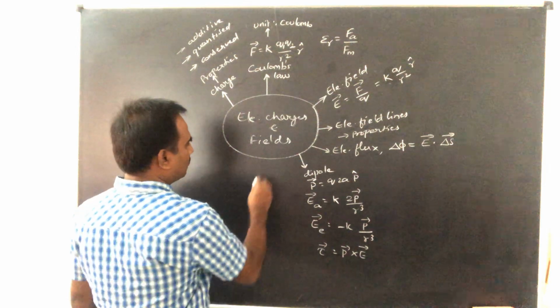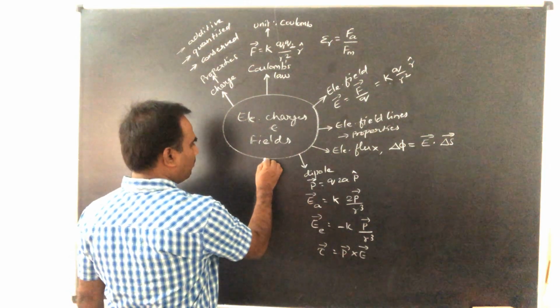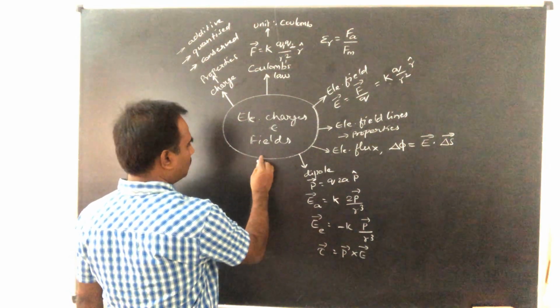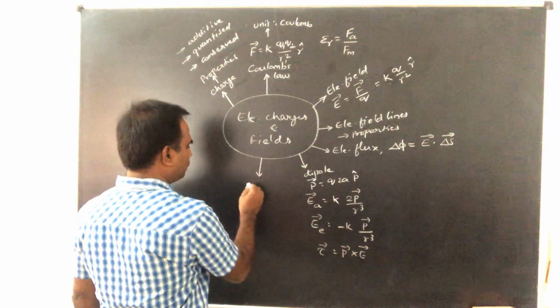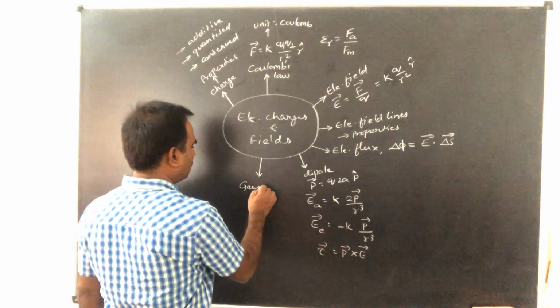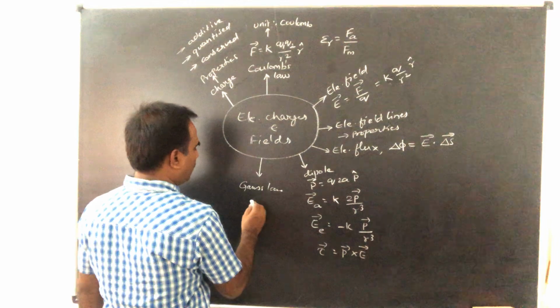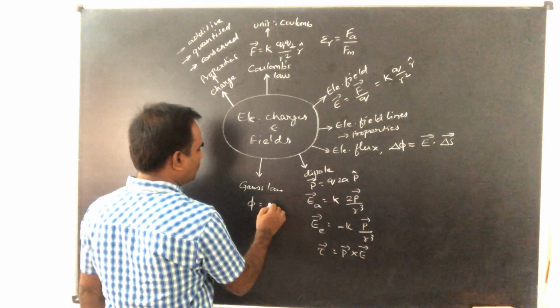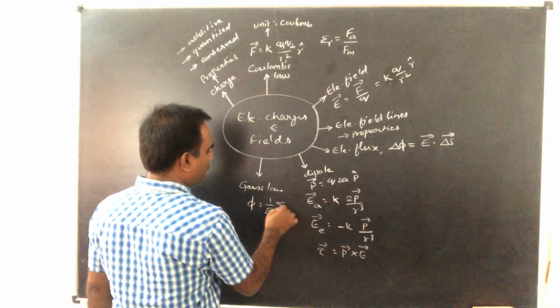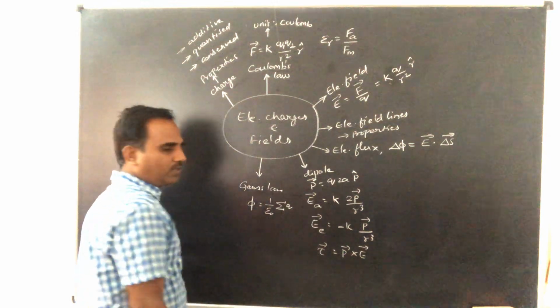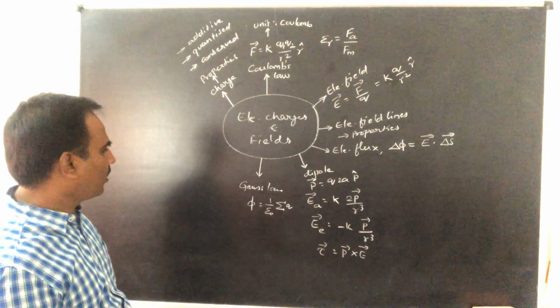After this, you studied about Gauss law. That is, the total electric flux is equal to 1 by epsilon naught times the total charge enclosed by the closed surface.